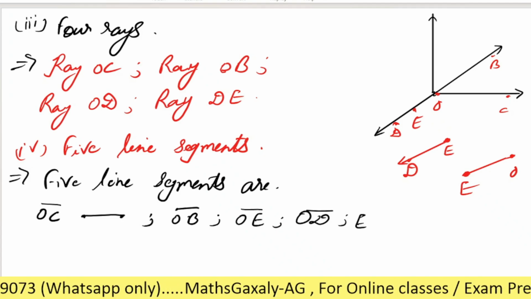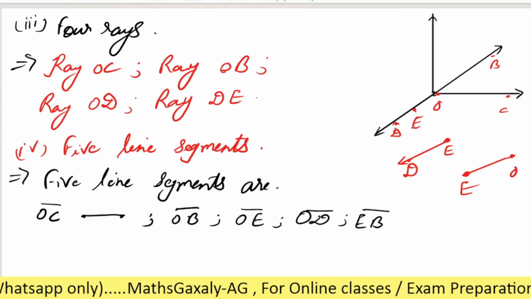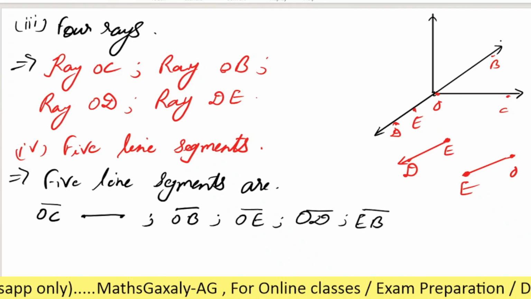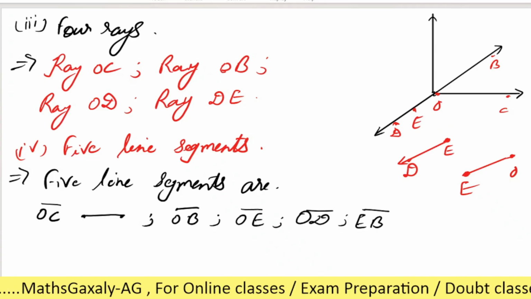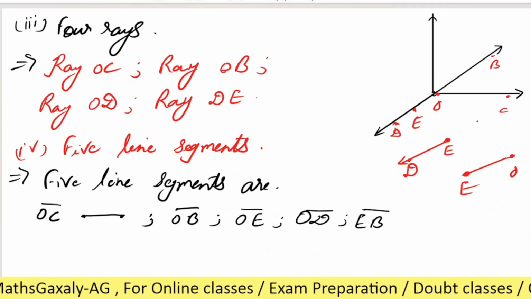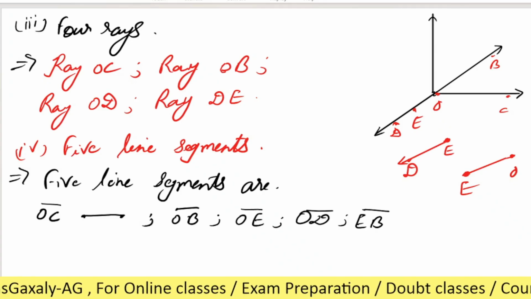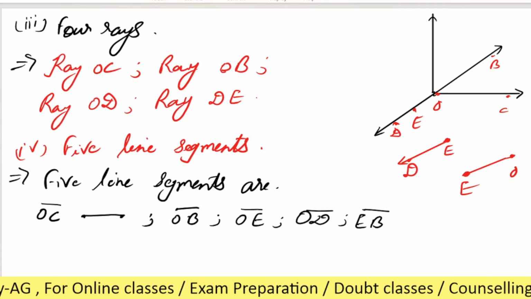So EB, at this time we will not consider the extended one. We are considering just the point, so that it will be an end point. So like this, you have to solve this type of question.